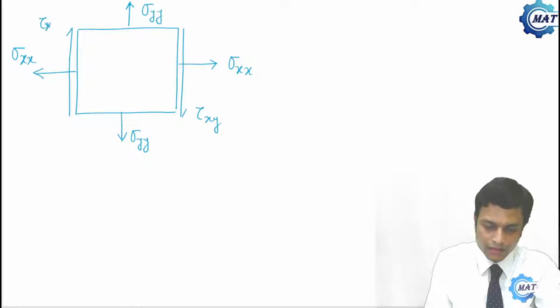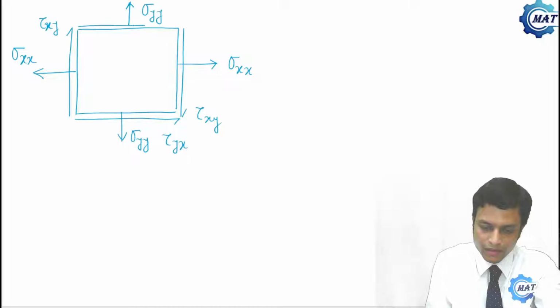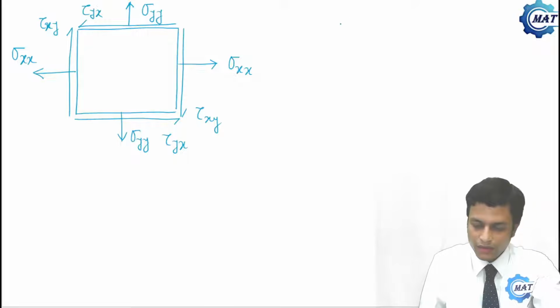This will be tau yx, where tau xy is minus tau yx.